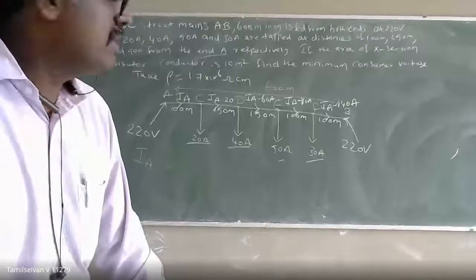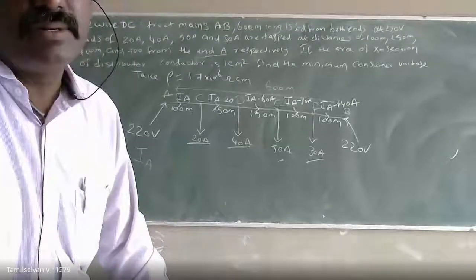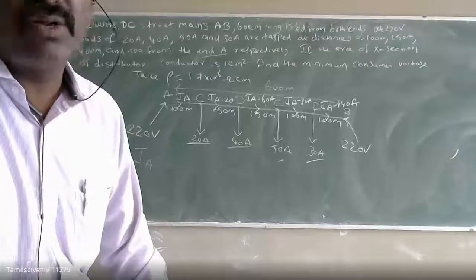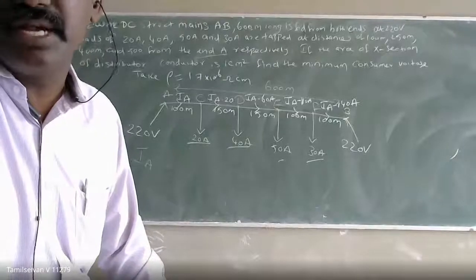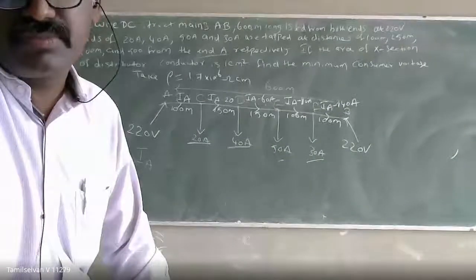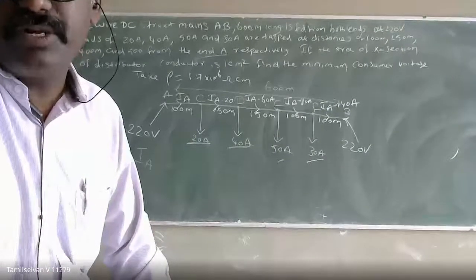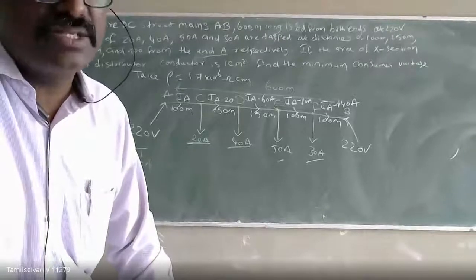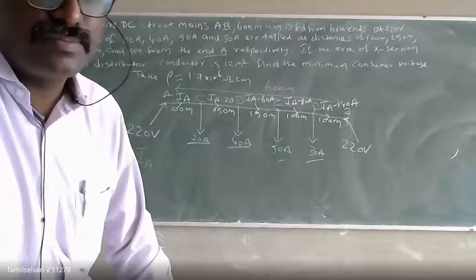You know the voltage at B point. That will be equal to the voltage at A point minus the drop in the length of AB. What is the drop in the length of AB? You can calculate. So use the basic concept, find it out.